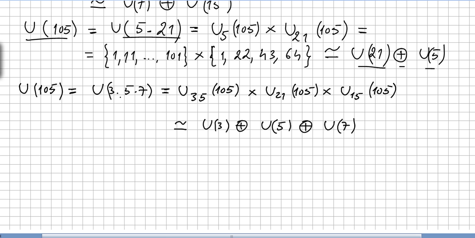So now you can do 5 times 7, 35, so U_35 of 105, 3 times 7, 21, U_21, and the last one 3 times 5, U_15, so it will be U_35 of 105 internal product U_21 of 105 internal product U_15 of 105, and that is isomorphic to the external direct product of U(3), U(5), U(7).